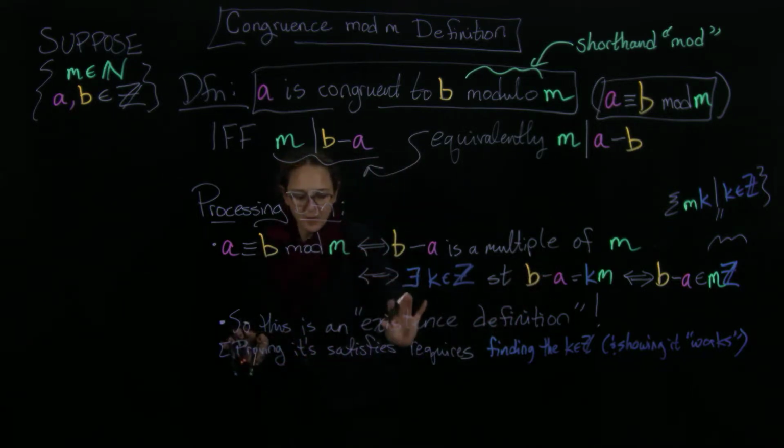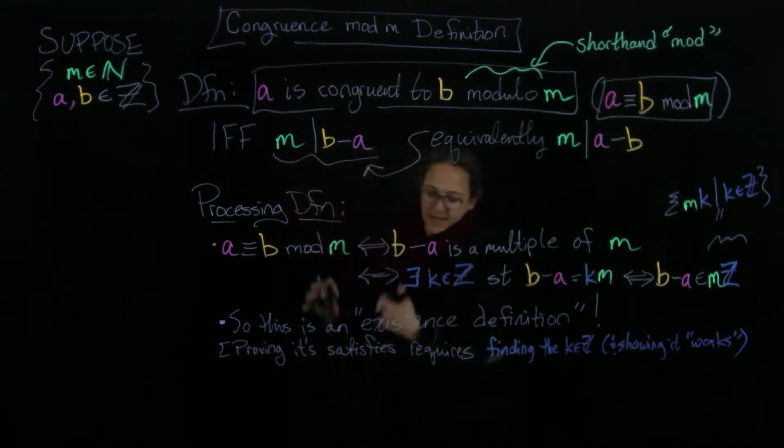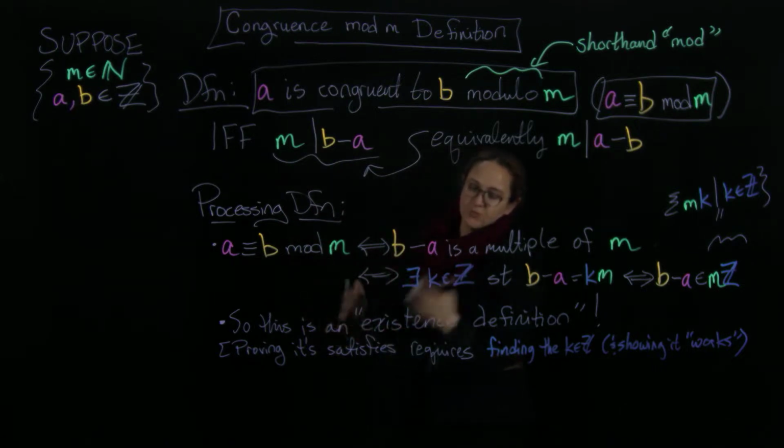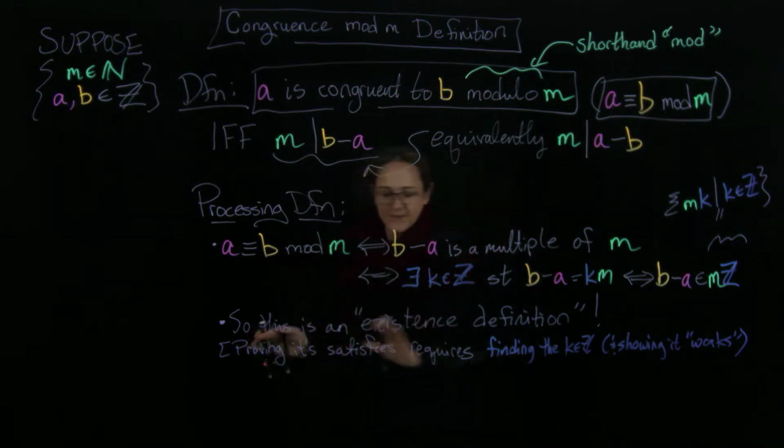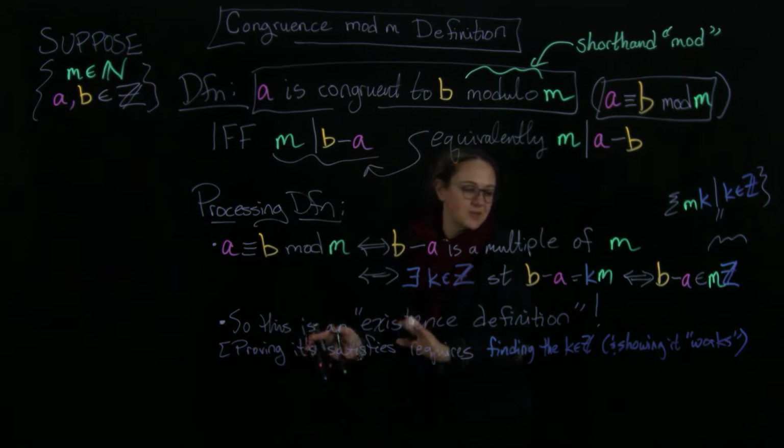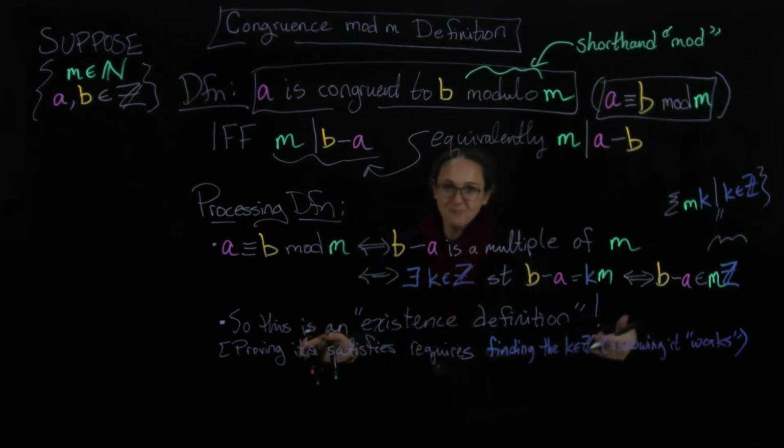And the other part of that is that if it's satisfied, you know that the K exists. If it's an existence definition, then to prove that it's satisfied, you need to actually find the thing and show that it works.